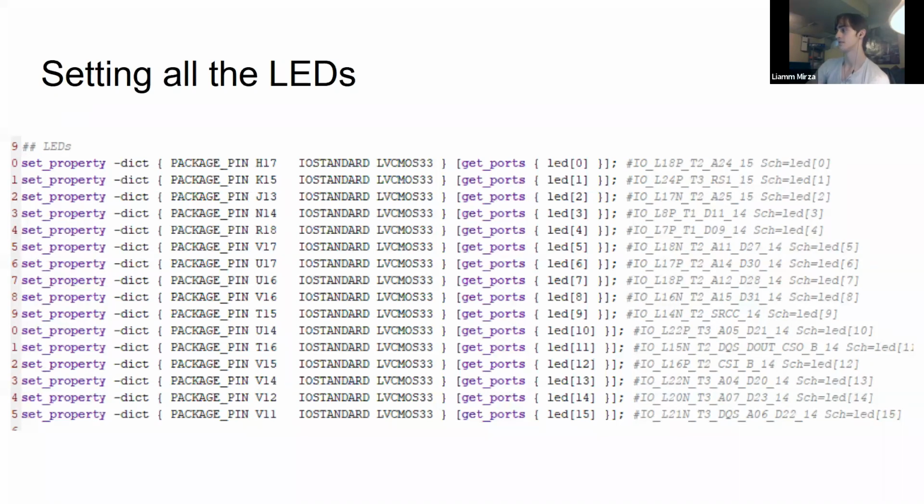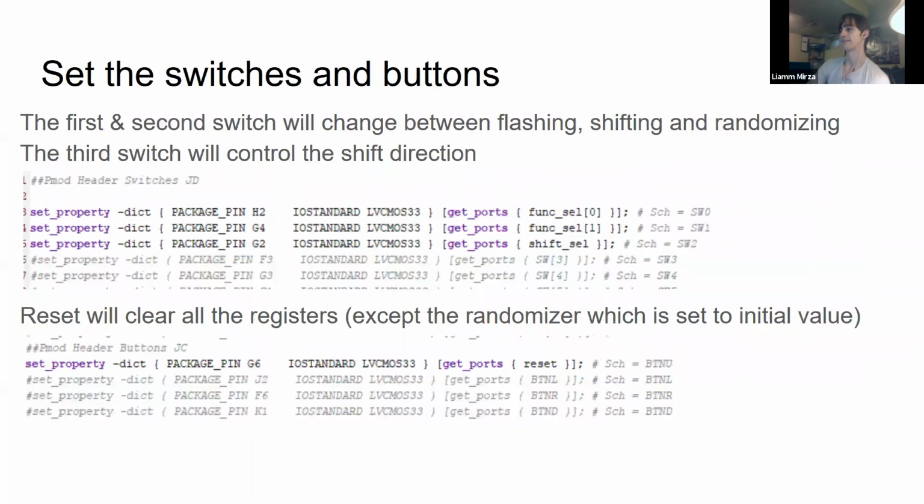All right. This part's a little quicker. We're basically going to where the PMOD switches JD are, and we want to also mess with JC. These are your virtual switches and your virtual buttons.